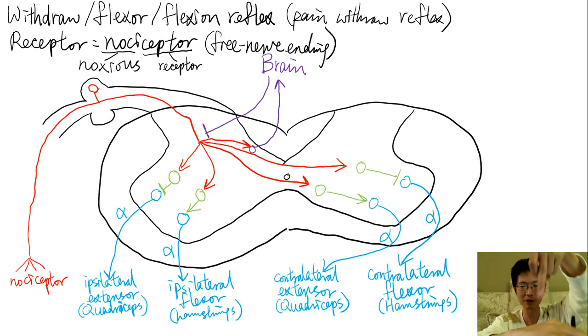Why will you jump on the ground? Because in this part, the contralateral leg, it will extend the quadricep and relax the hamstring. And the contraction of the quadricep is so strong that not only will it straighten the leg, it will actually cause the person to jump on the ground. See, it extends this one.